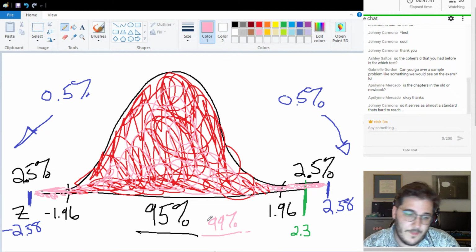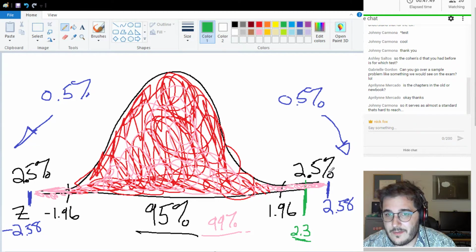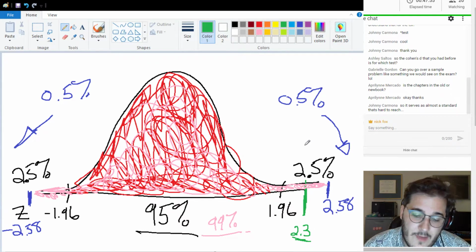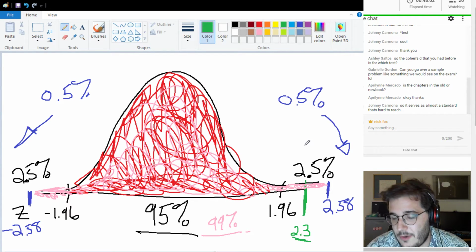And so now your calculated z value of 2.3, this value, is now within that 99% of observed values. So you would say, well, you know what? If I want my calculated value to just be the most extreme 1%, well, it doesn't fall in the most extreme 1%.